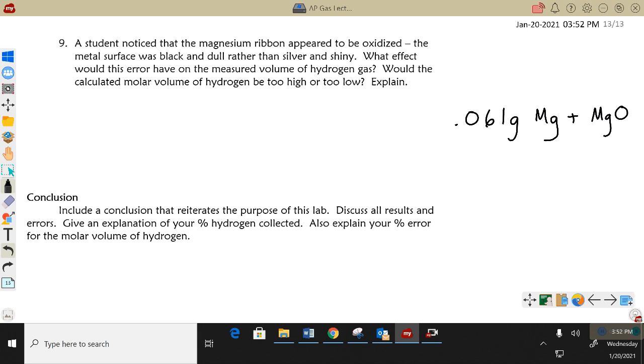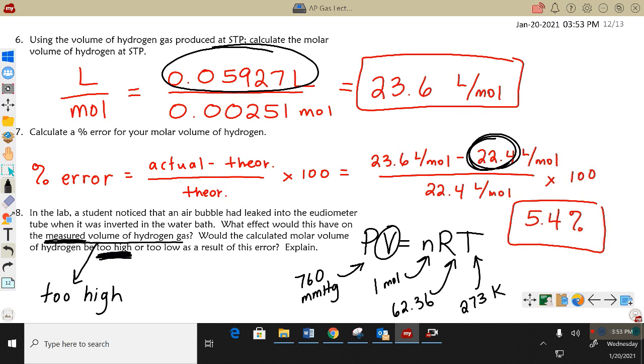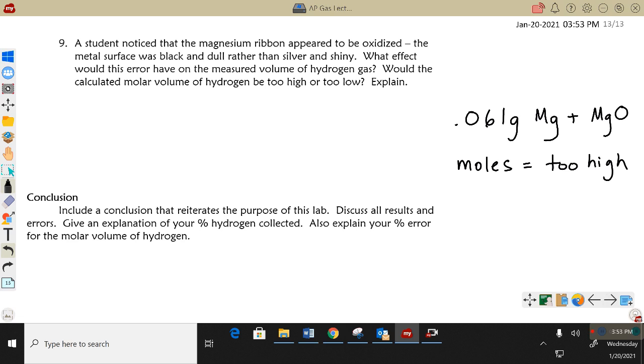So if my mass is too high, because maybe that's not all magnesium anymore, which means my moles will be too high. Well, right there I can answer the second part, because when we were doing this calculation for molar volume, it was liters per mole. Well, now if my moles is in the denominator and that value is too high, it should make my calculated molar volume too low.